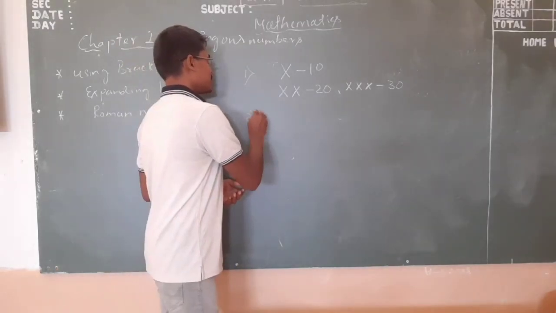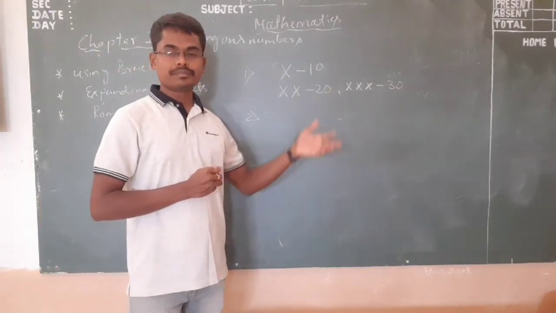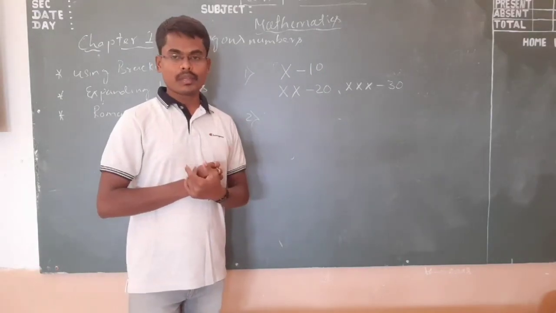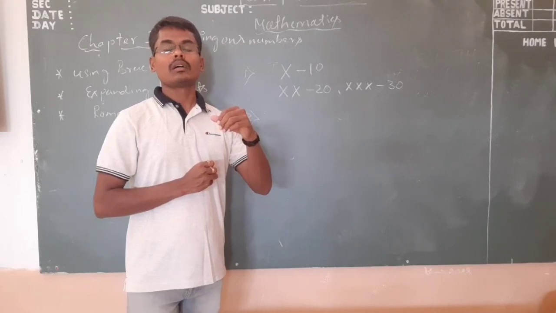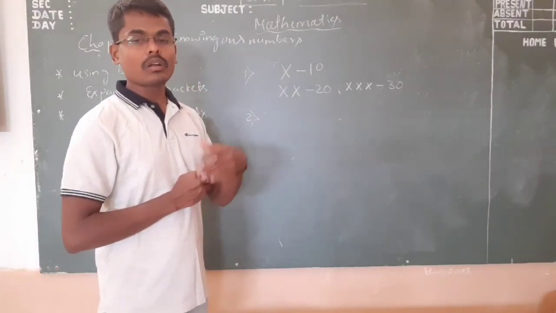Now, what is the second rule? Apart from this, a few symbols will never repeat again. Those will never repeat again. What are those?